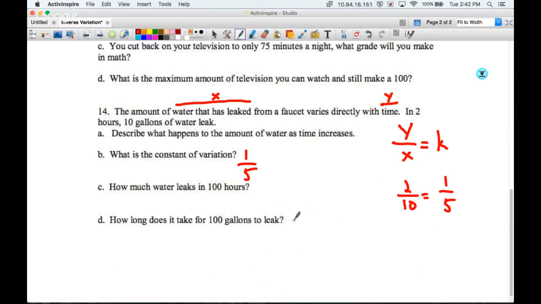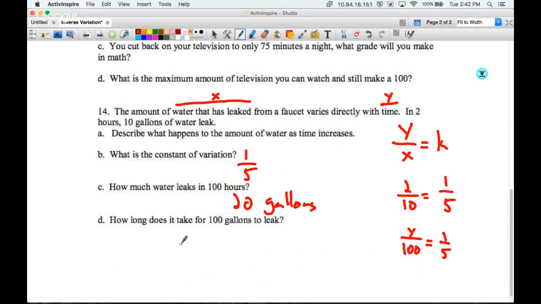How much water leaks in 100 hours? So now we've got y over 100 equals 1/5. Multiply both sides by 100, and we'll get 20 gallons.